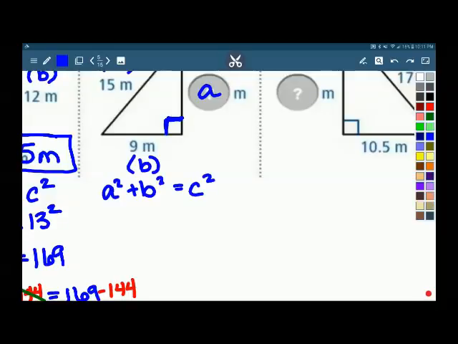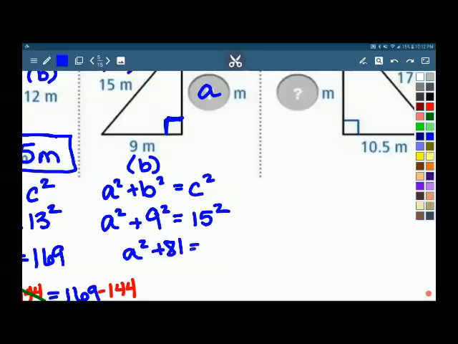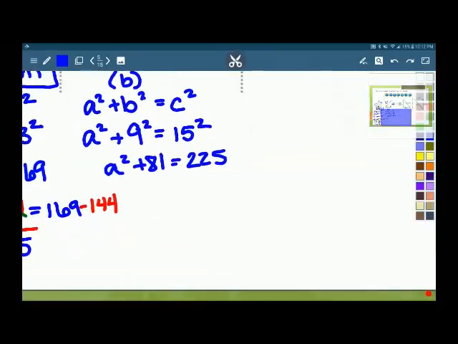And now I'm going to plug in the values that I know. So I'm keeping a squared unknown plus b squared, which is 9 squared, equals 15 squared. So now I'm just going to actually square the 9 and square the 15. I get a squared plus 81 is equal to 225. And it's the same steps as before, so I'm really just going to subtract that 81 from both sides.